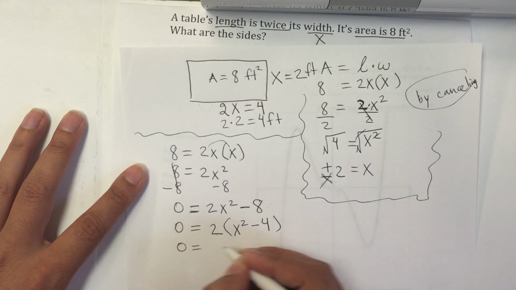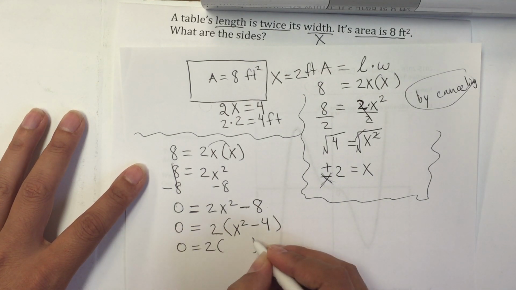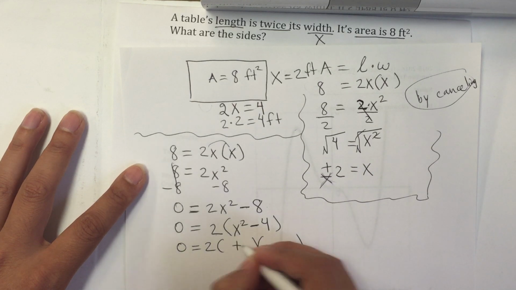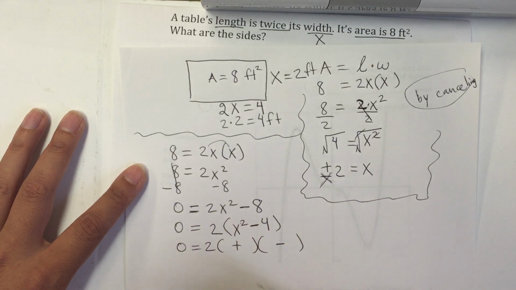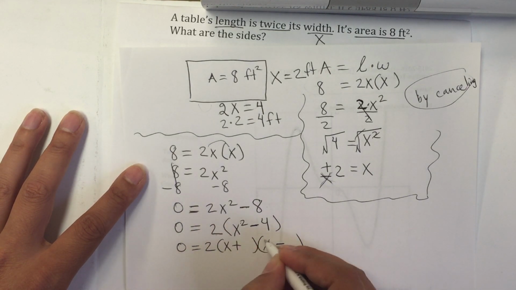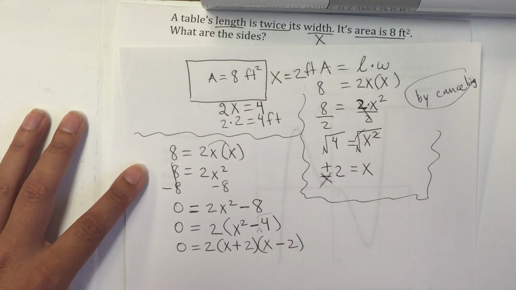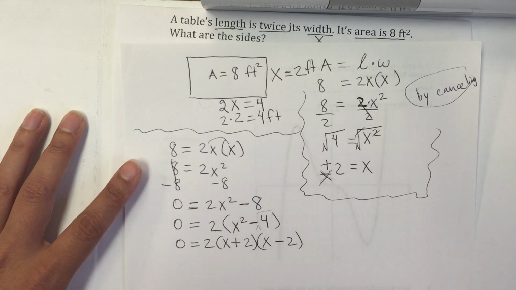So whenever I have a difference of squares, meaning x squared minus a perfect square, I can just open parentheses and I'm going to have one positive and one negative. And the square root of 4 is 2 and 2. Okay, it's one of those special squares.